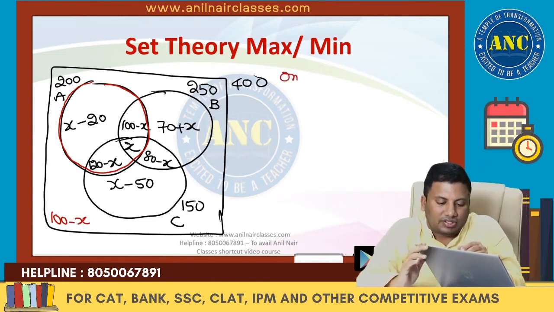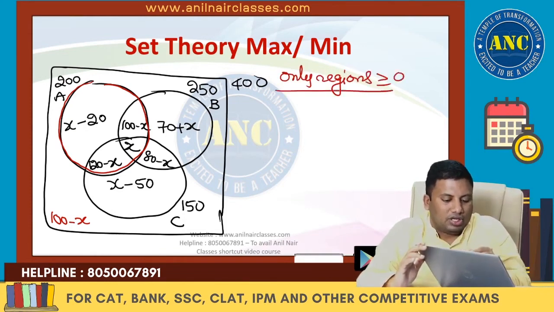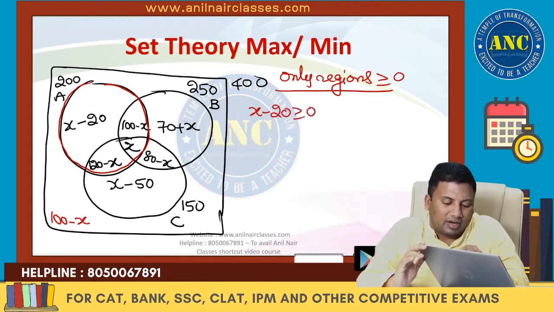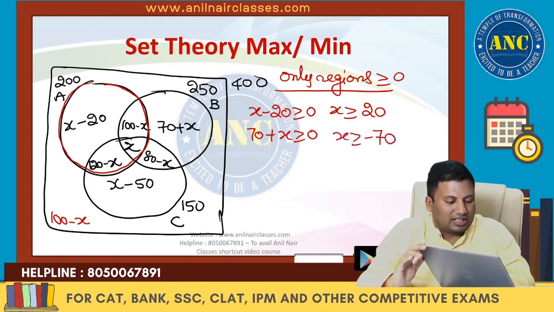Only regions should be greater than or equivalent to 0. This is X minus 20 greater than or equivalent to 0, so X is greater than or equivalent to 20. 70 plus X greater than or equivalent to 0, so X is greater than or equivalent to minus 70.